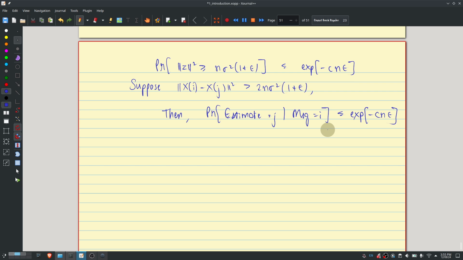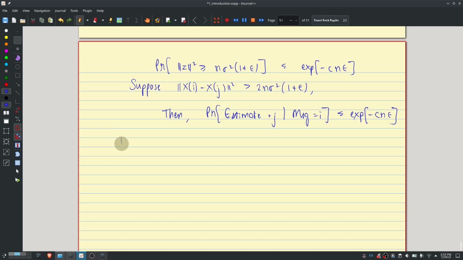In fact, this is a very loose upper bound, but it doesn't matter. That's good enough. And this holds true for any i, j for which the minimum distance is greater than that bound. Right?